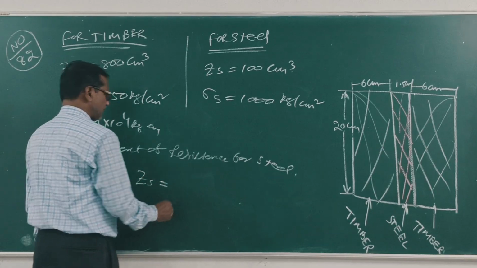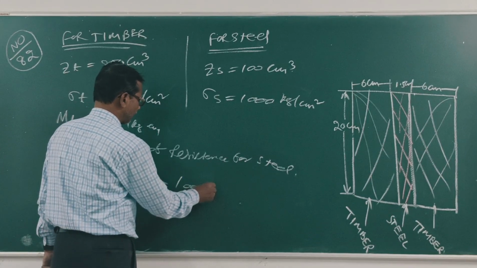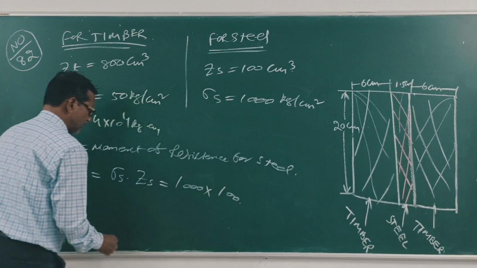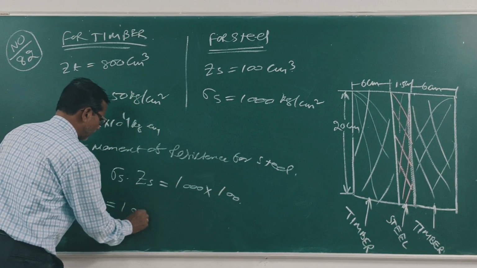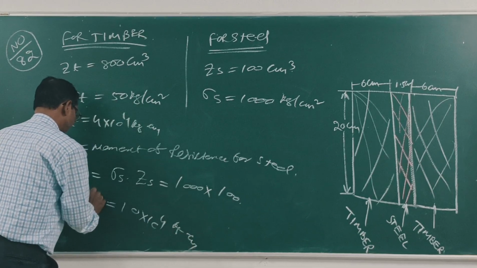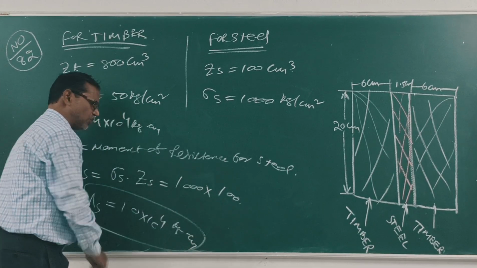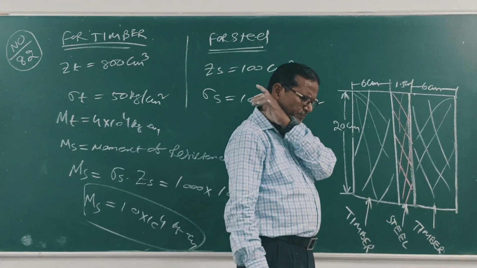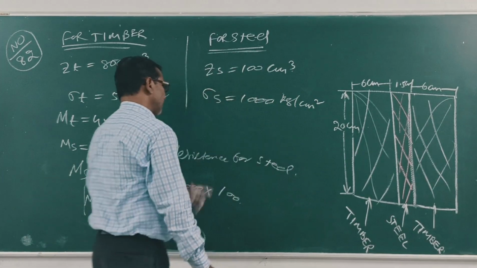Sigma is 1000, Zs 100. This is 10 into 10 to 4 kg cm. Ms is equal to 10 into 10 to 4 kg cm. Clear? Now total moment of resistance.